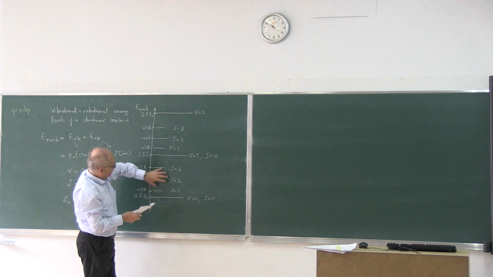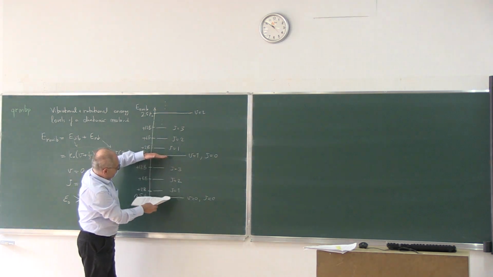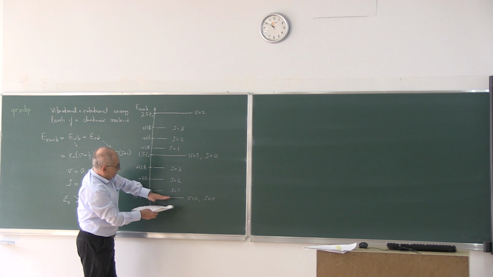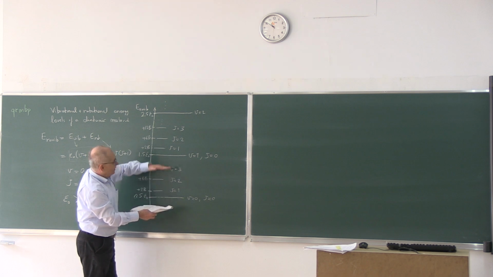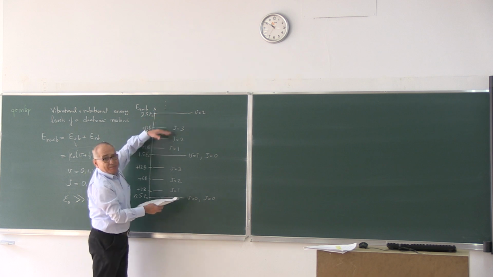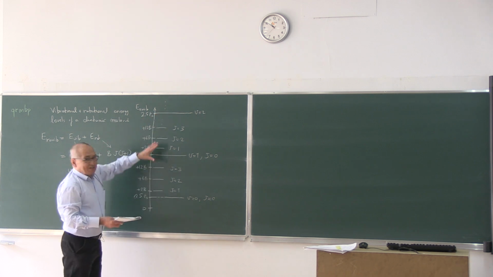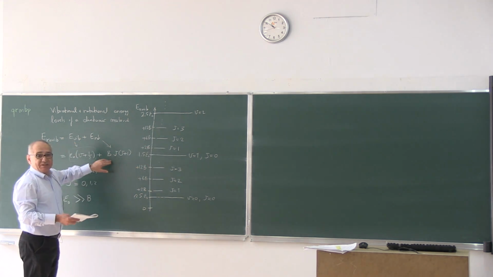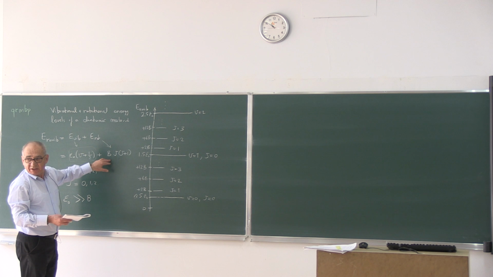As in the ground vibrational state, there are very many rotational levels which fit between this lowest vibration level and the next one. Same thing is true for this vibration level and that one. So this is a graphical way of showing this expression, the numbers which are generated from this expression.